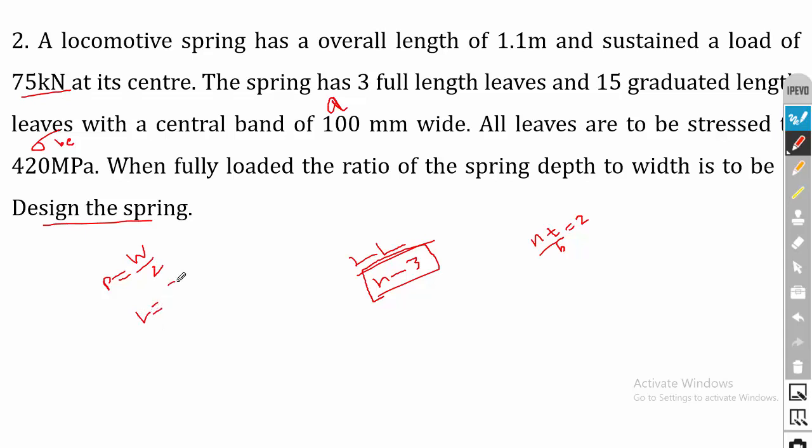Then L is equal to 2L1 minus A divided by 2. 2L1 is 1.1 meter, that is 1100 mm, A is 100 mm, divided by 2, and you will get the effective length L. While calculating the length, be clear that we have to calculate up to L15. L18 is the master leaf. L17 is equal to L16 is equal to L15, so calculating up to L15 is enough. Remember that this is very, very important.